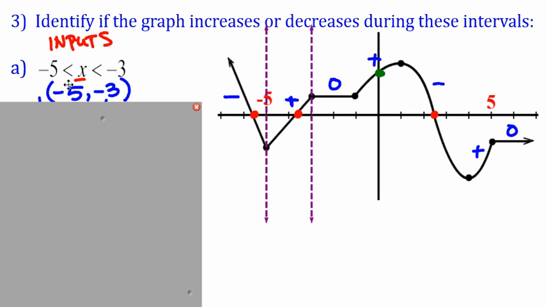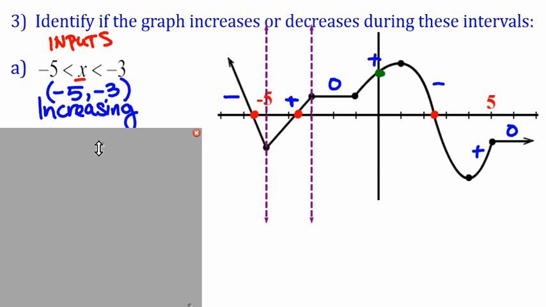They were excluded. So to show that in interval notation, we use parentheses anytime we're excluding a value from our set. So these two are saying the same thing. It's saying, look at the inputs from negative 5 to negative 3, but not including them. And we know that this function is increasing.